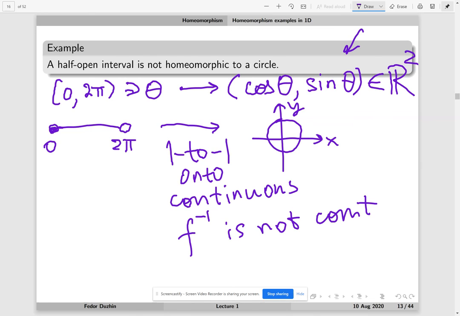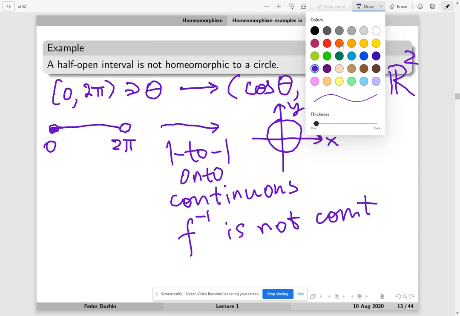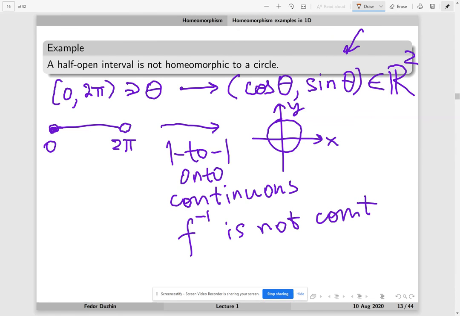Let me explain why. Consider these two points here and here on the circle. On the circle, they're close to each other. But the inverse function from the circle to the half open interval sends them to points that are far from each other.